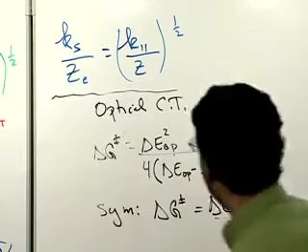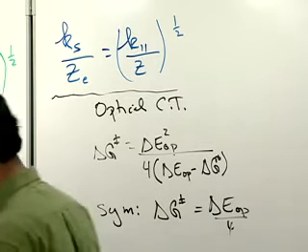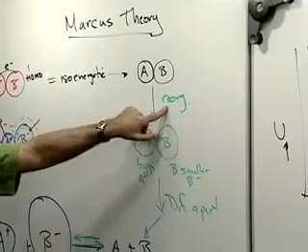Now we have to take into account one more important concept. And that is this idea that once the electron has transferred over here, the system has to reorganize. And that's going to take some energy as well as some time.